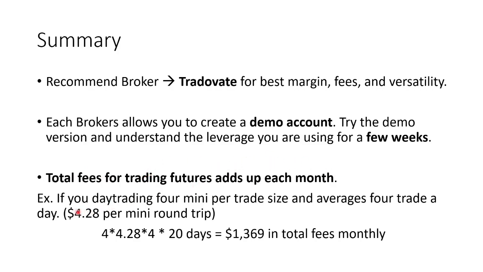I'm going to do a recap on how total fees for trading futures add up each month. For example, if I'm day trading 4 minis per trade size and I average 4 trades a day at $4.28, which is the number I got from Tradovate per mini for a round trip, then over 20 days, which is nearly a month in trading days, it adds up to $1,369 in total fees monthly.